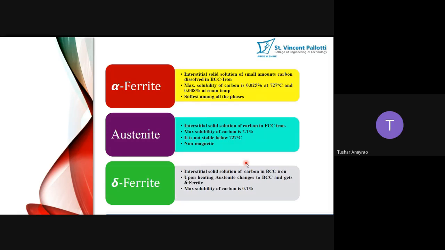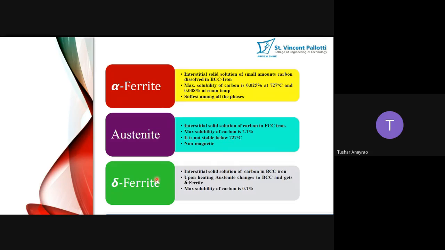This temperature of 727 is a very crucial thing. It is also called the critical temperature. Okay, so let us see. Then delta ferrite, solid solution with BCC structure. You should always remember this. You can see here alpha ferrite and delta ferrite have the same structure, that is BCC.